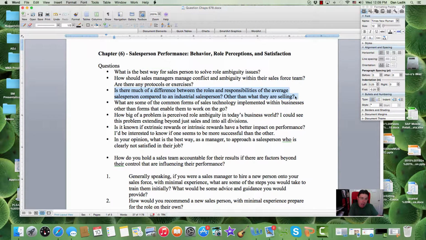I think the better way to look at this is the magnitude of the sale. The higher the magnitude, meaning the price tag and or the contract, the more there is a difference in the roles and responsibilities of the salesperson. It is some of what they're selling, but I think the easier way to look at it is how expensive is the sale?